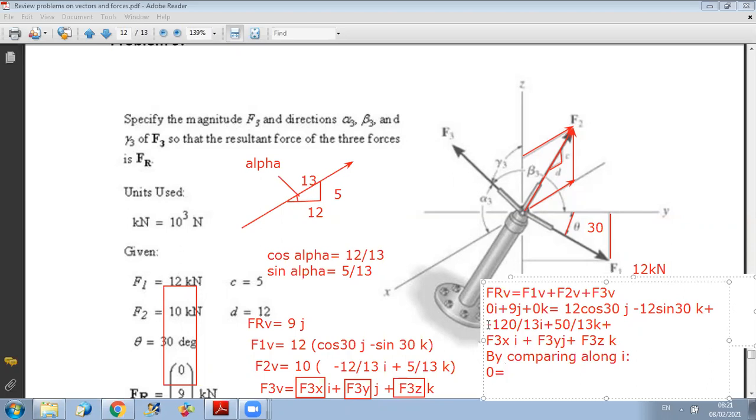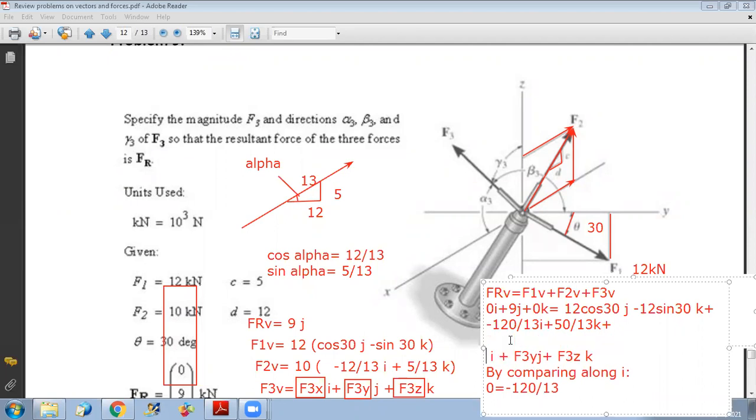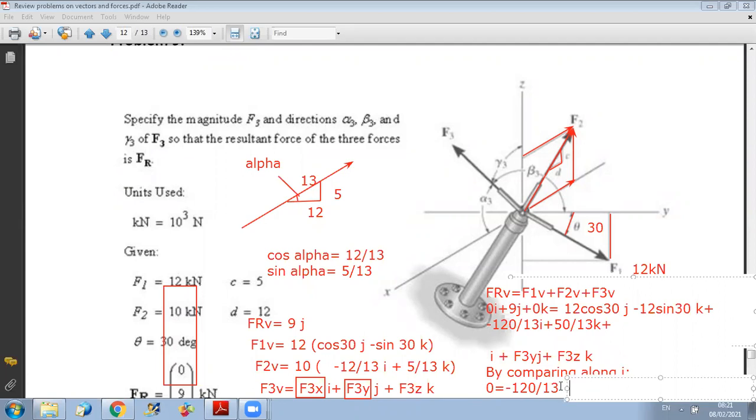I have this term, minus 120 over 13, and also this term, F3x. So the only unknown here is F3x.